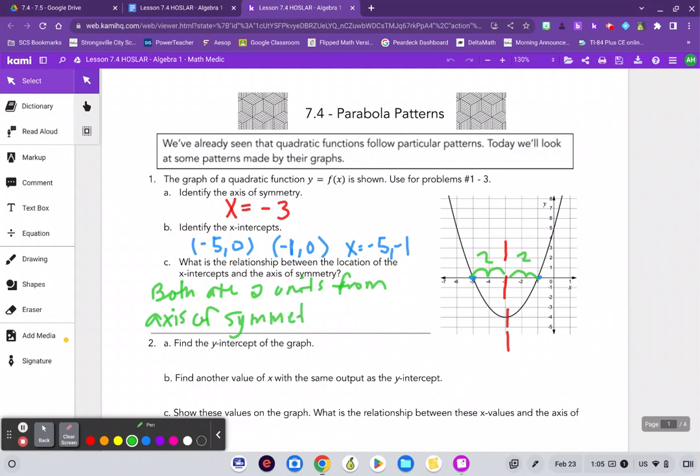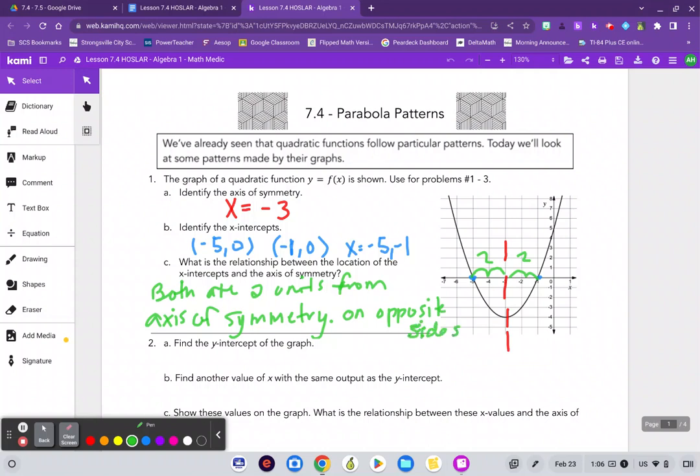Or we could say that they are the same distance away from the axis of symmetry on opposite sides. So I'm going to write on opposite sides.